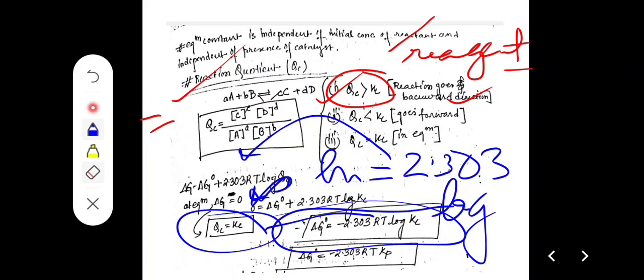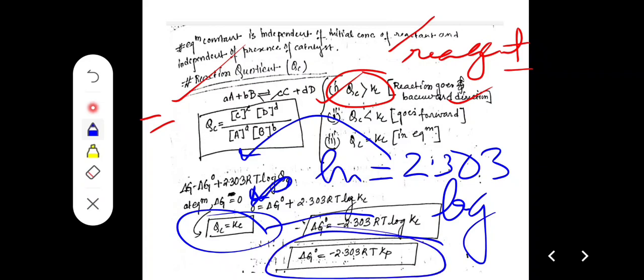If we use partial pressure, relating Kc to Kp, we can also write this equation as del G0 equal to minus 2.303 RT log Kp.